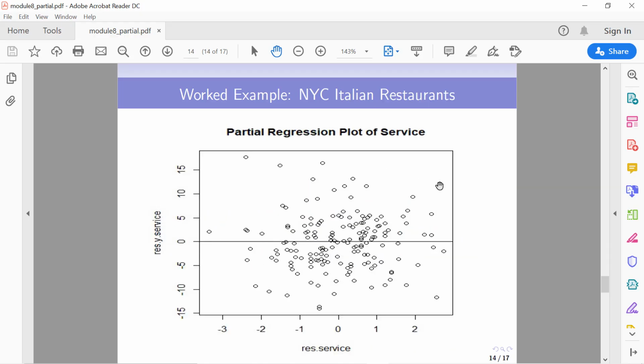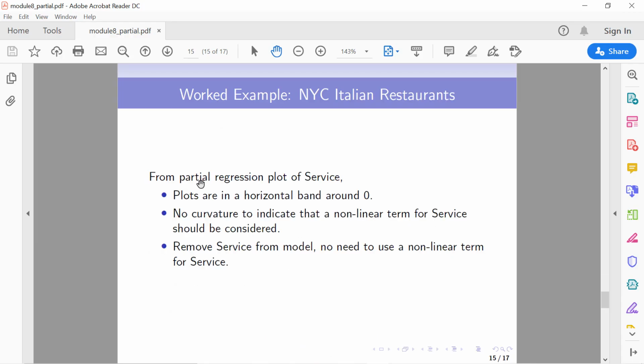There's no linear pattern, and there's no curvature to suggest that we should be considering a quadratic term for service instead. The points are in a horizontal band around 0, so what we should do is remove service from the model, with no need to consider a nonlinear term for service.